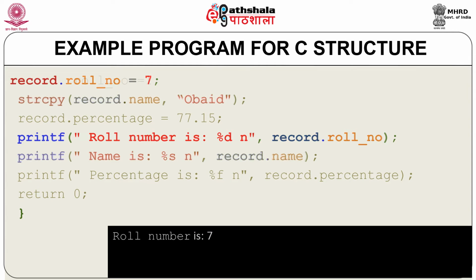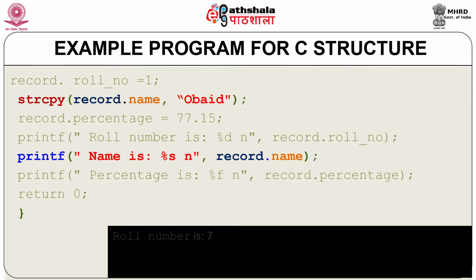The second, strcpy(record.name, "Ubaid"). So you are using a string function, that is string copy. You know the syntax of string copy, strcpy(A, B), where A is the destination and B is the source. In this instruction, the source is the name Ubaid, and the destination is record.name.